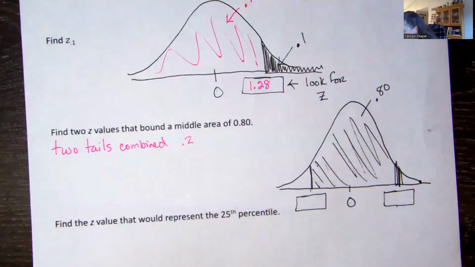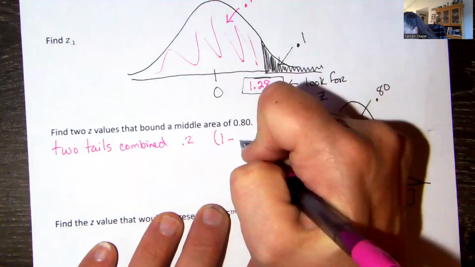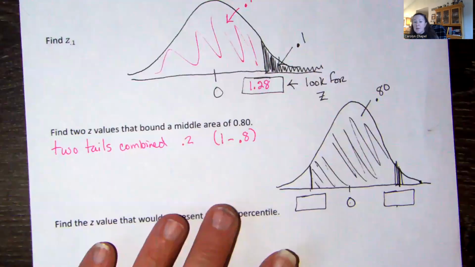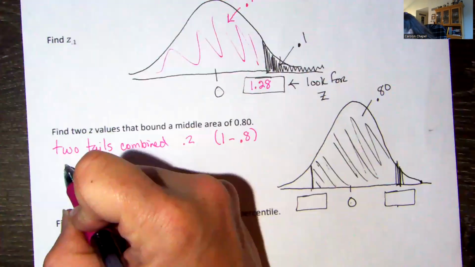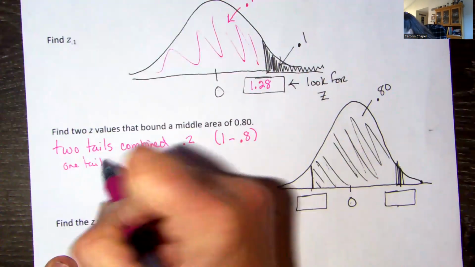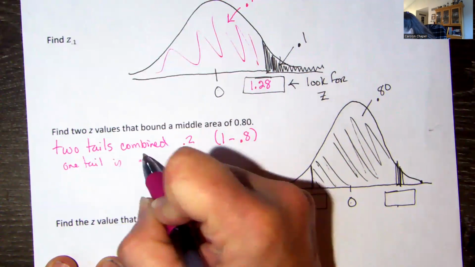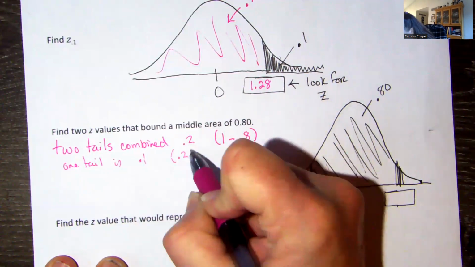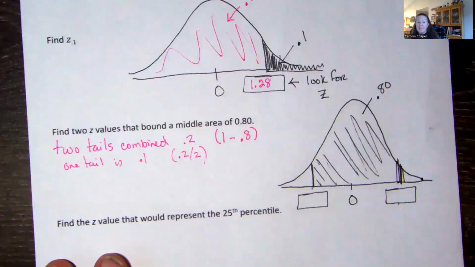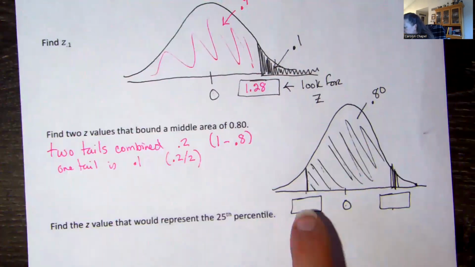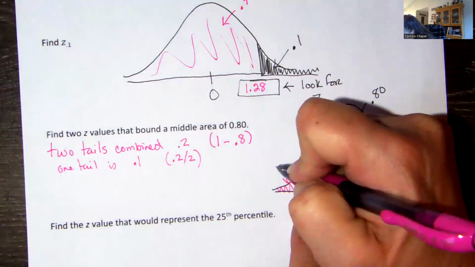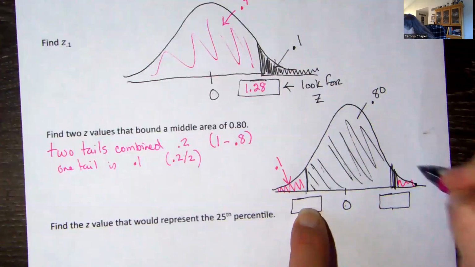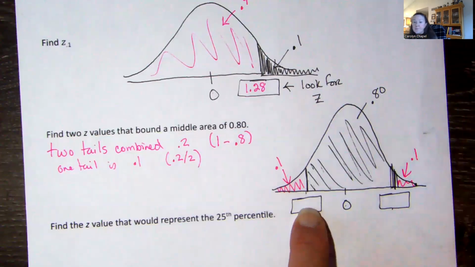And I got that by taking 1 minus my 0.8. But now it is perfectly symmetric. So one tail is 0.1. I got that by taking my 0.2 and dividing it in half. So this area here is 0.1. This area here is 0.1.